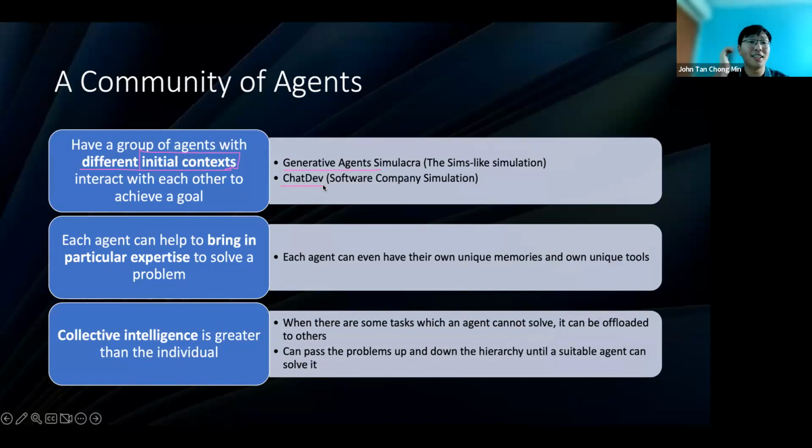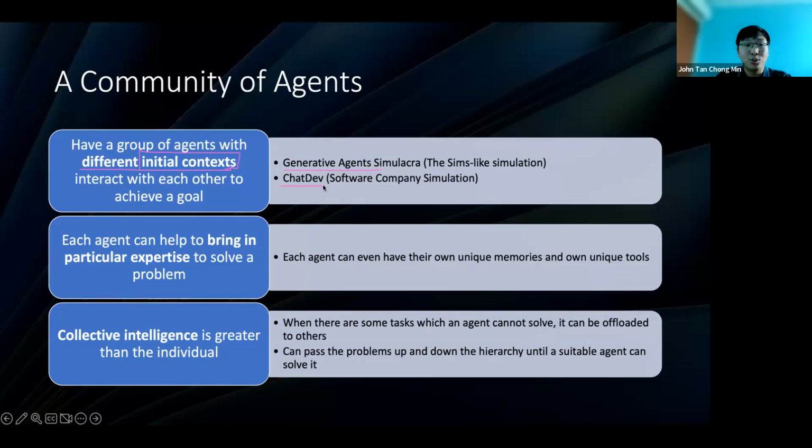So this initial contexting is quite interesting for generative models because it can condition how the model behaves. And you can use this in a community of agents to simulate different roles. Because sometimes you get intelligence by an ant colony.